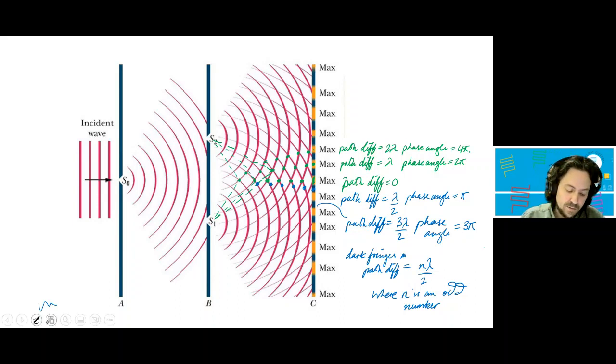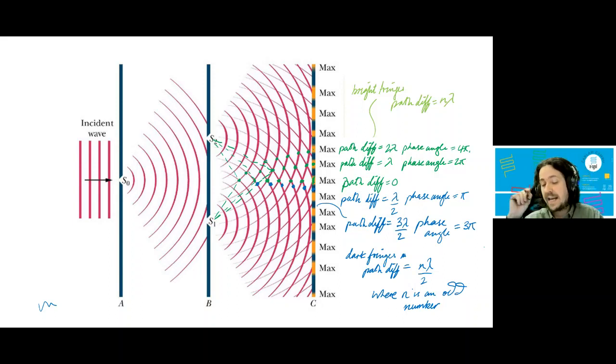And then at the top here, for constructive interference, so bright fringes, we can say that the path difference is equal to just simply n lambda. Okay, just n lambda, where n is any integer.